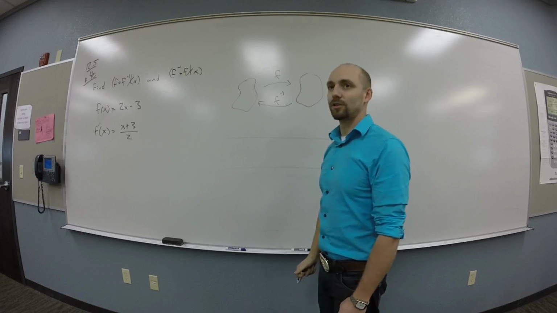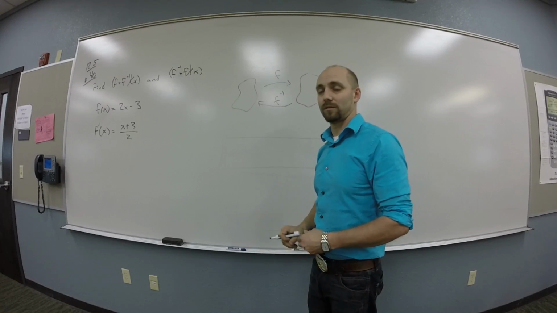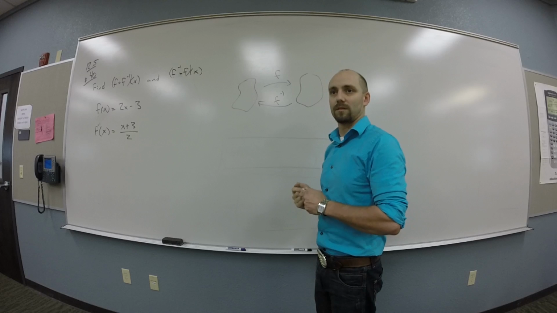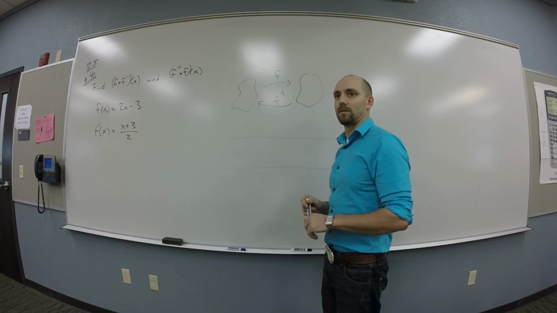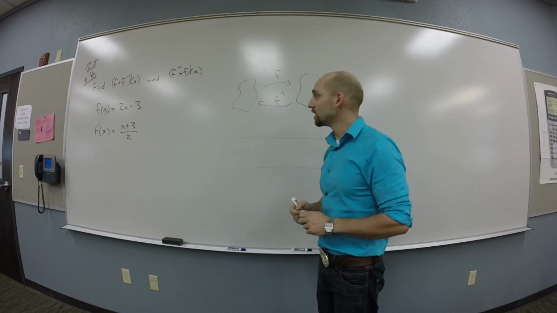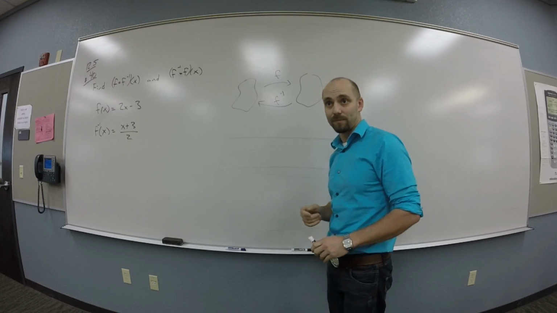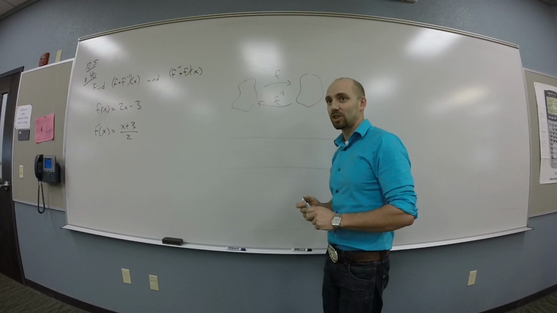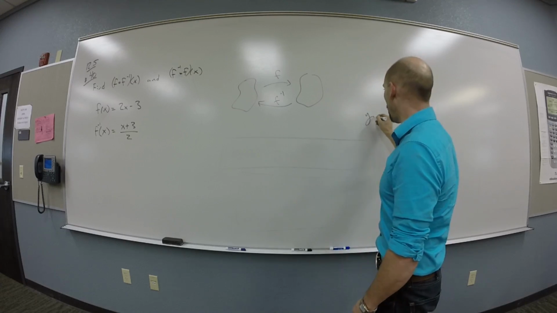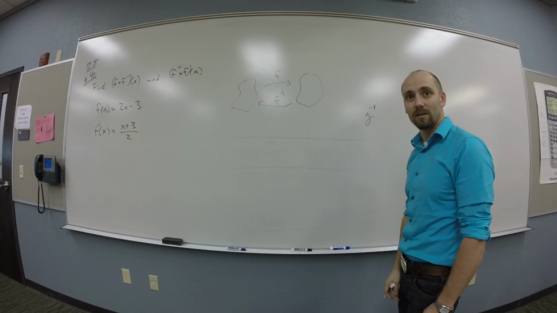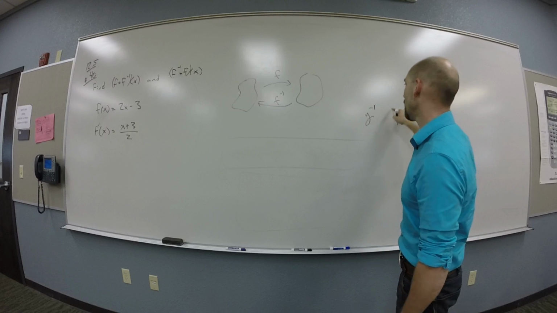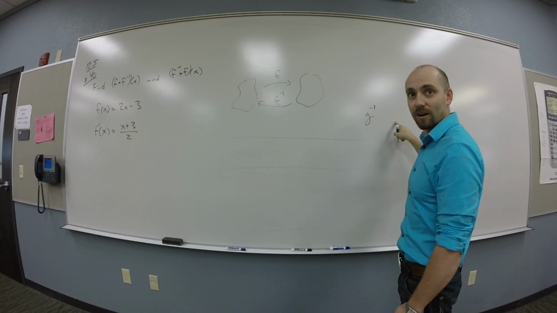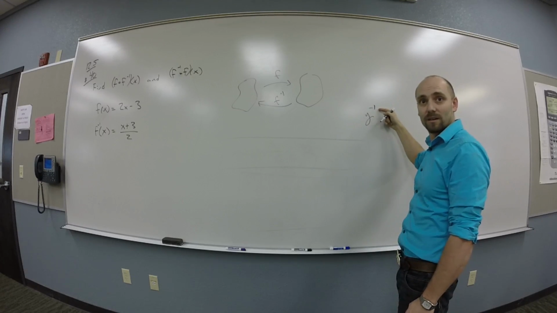How are you going to know the difference between that and an exponent of -1? Great question. Because this one's in the rule name. If I was writing y to the -1, this thing doesn't have an of x, so this is an exponent.